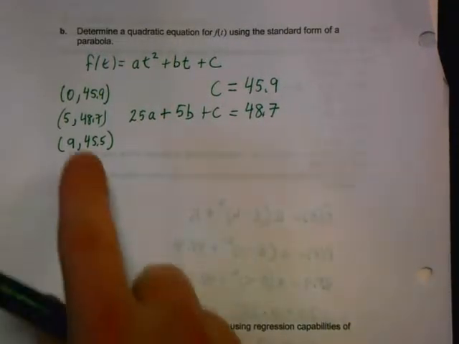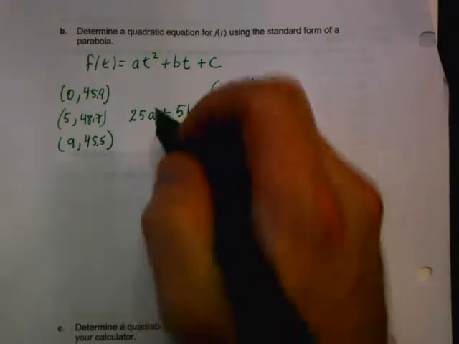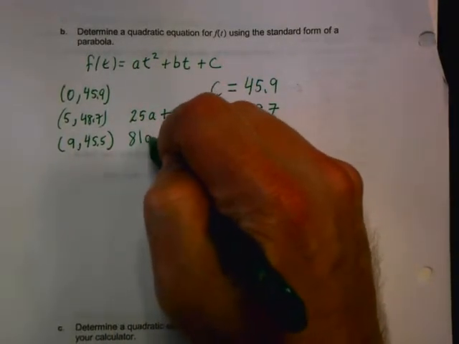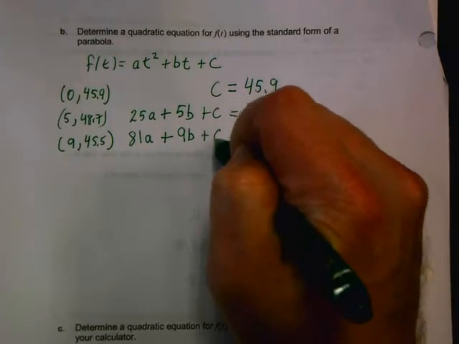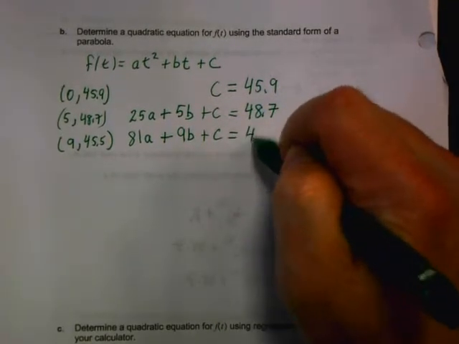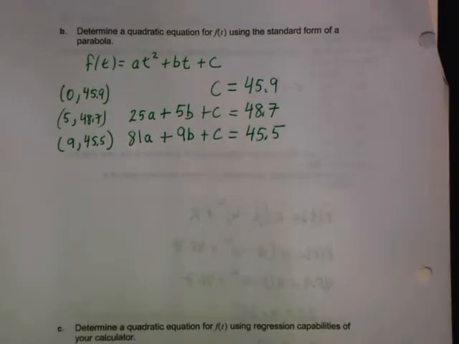And then finally I plug in 9. 9 squared is 81, so that one's going to be 81a plus 9b plus c is 45.5. All right, so we build our system of equations, 3 equations with 3 variables. How did we solve 3 equations with 3 variables?